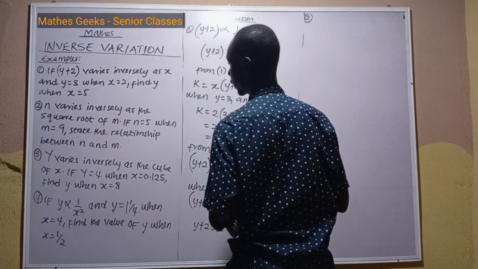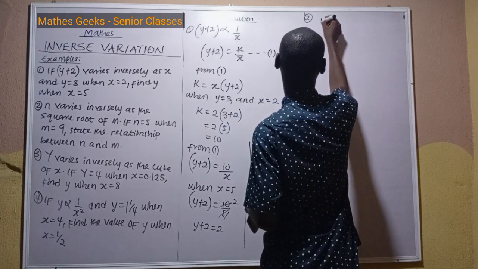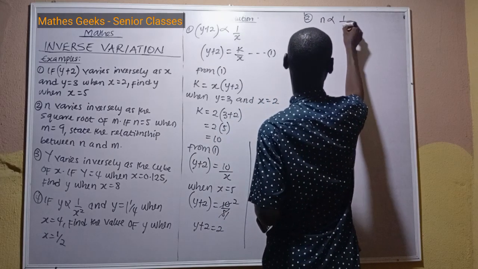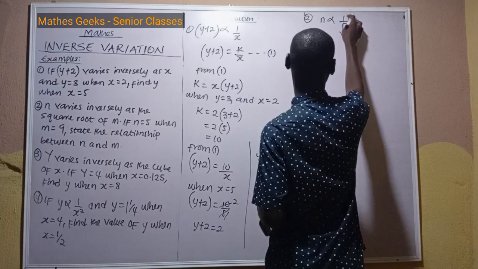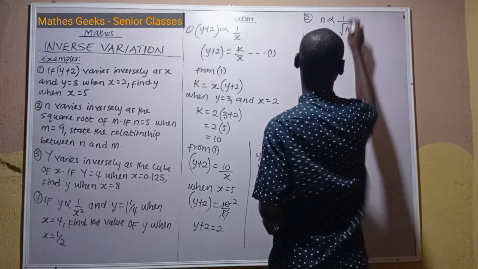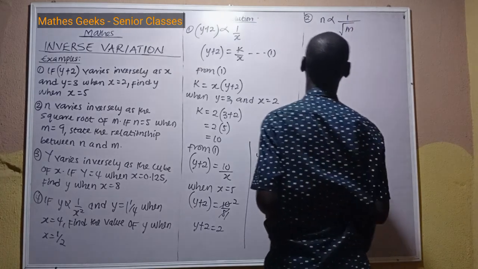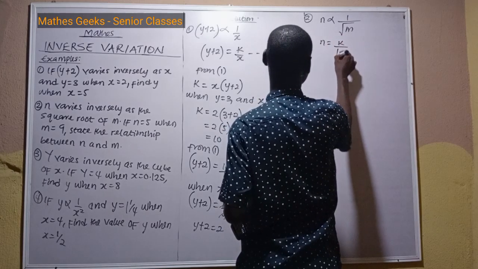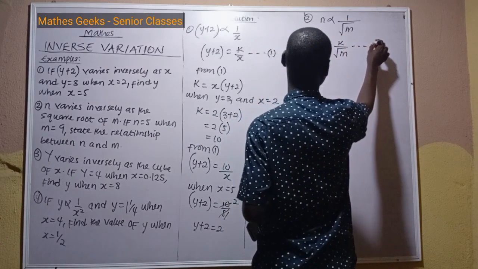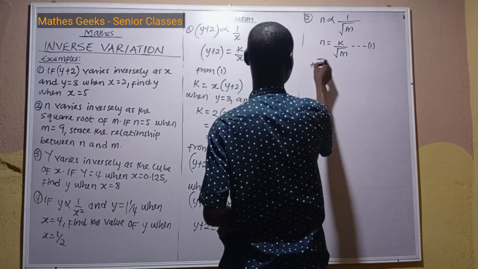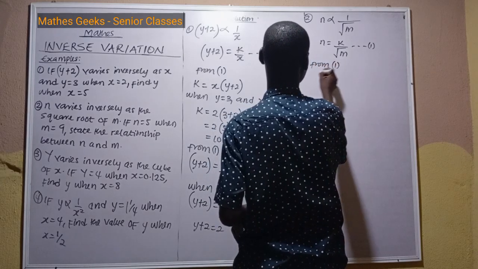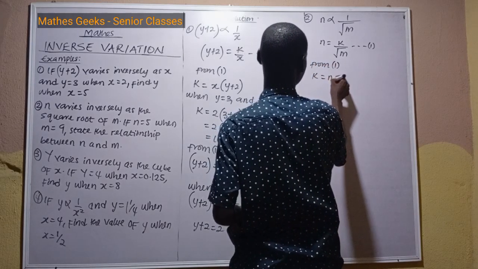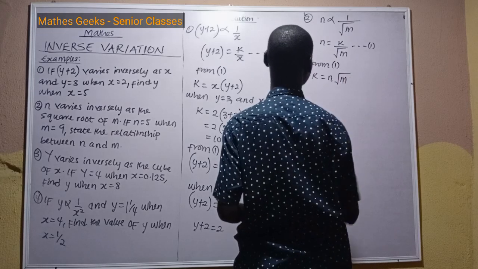Number 2. m varies inversely as the square root of n. So we say m is equal to k over square root of n, equation 1. So from 1, k is equal to m root n.